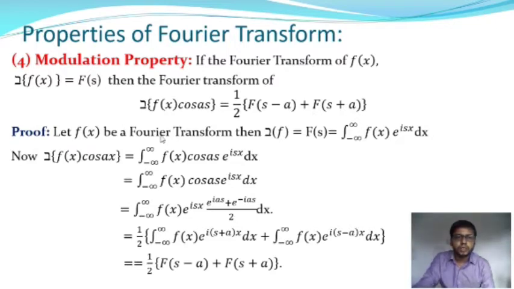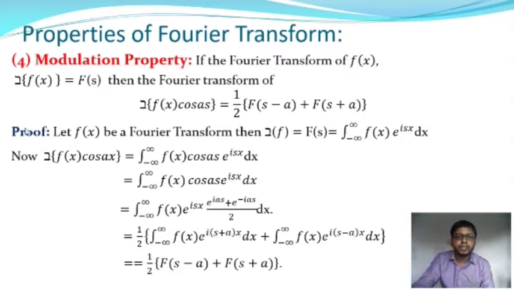So let's prove the modulation property of Fourier transformation. So let the function f of x have the Fourier transformation. Then from the definition, zeta of f of x is equal to F of s is equal to the integral from minus infinity to plus infinity of f of x into e to the power i s x into dx. This is the definition of the Fourier transformation, where the function is defined in the interval minus infinity to plus infinity.